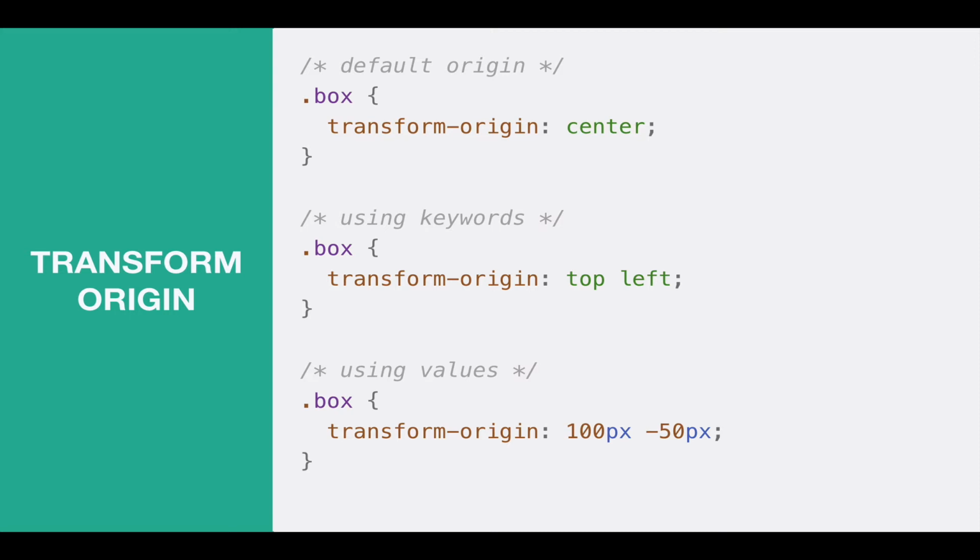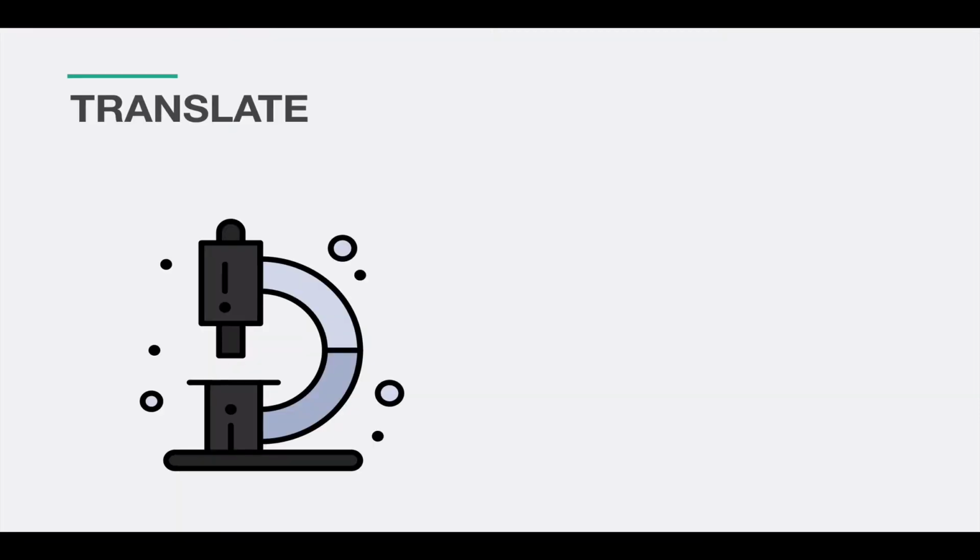So this would move the point 100 pixels to the right and 50 pixels up. That's how that works. So negative is up and to the left, positive is to the right and down. Okay, so that's transform origin. We won't really be using it too much, but you can. We'll get an example of what it looks like too.